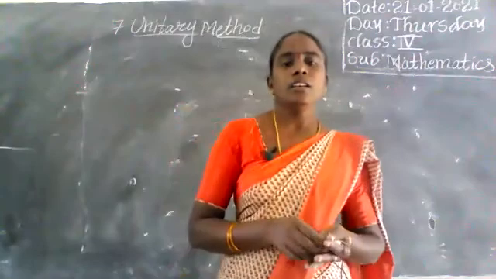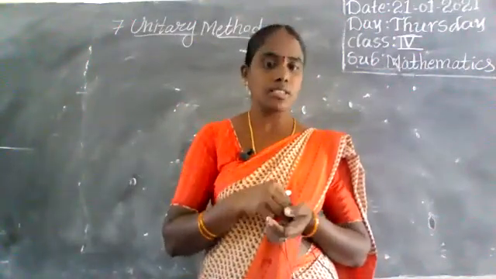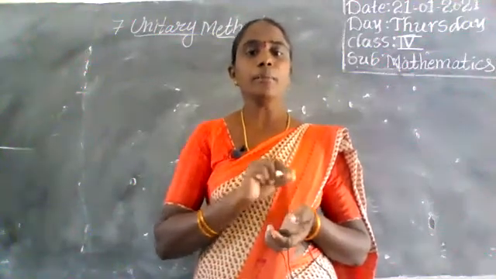Okay. What is the unitary method? First, we have to find out the cost of one. Then, in the given problem, the cost of the required number also.